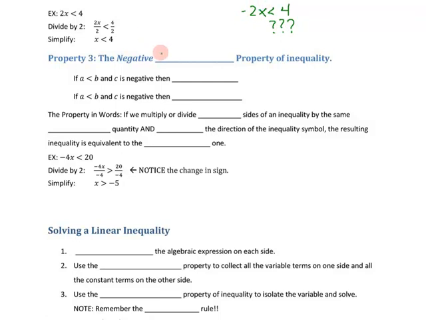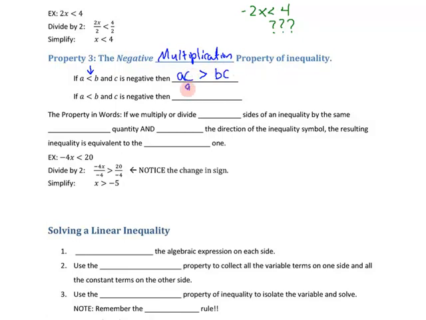Well, you use something called the negative multiplication property, which says that if you want to multiply both sides by a negative, you take A and B and do AC and BC, and compare those, and the sign must switch directions for that to be true.